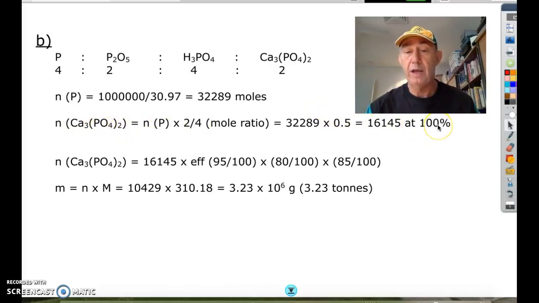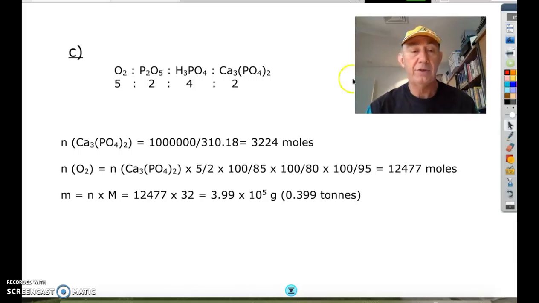If we assumed we had 100%, we would then make 16,145 moles. Now multiply that number of moles by the efficiencies of your three different reactions and turn those moles into a mass, and you should have got 3.23 tons, or 3.23 times 10 to the 6 grams.